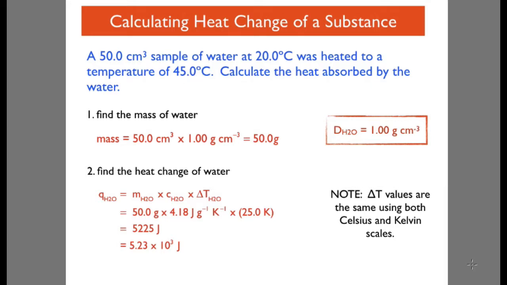So that's a change of 25 Kelvin. Do the math, 5225 joules, and put that to 3 significant figures. That's what we're given in the question. And do note again, the delta T values are the same using both Celsius and Kelvin, since it's a change in temperature.